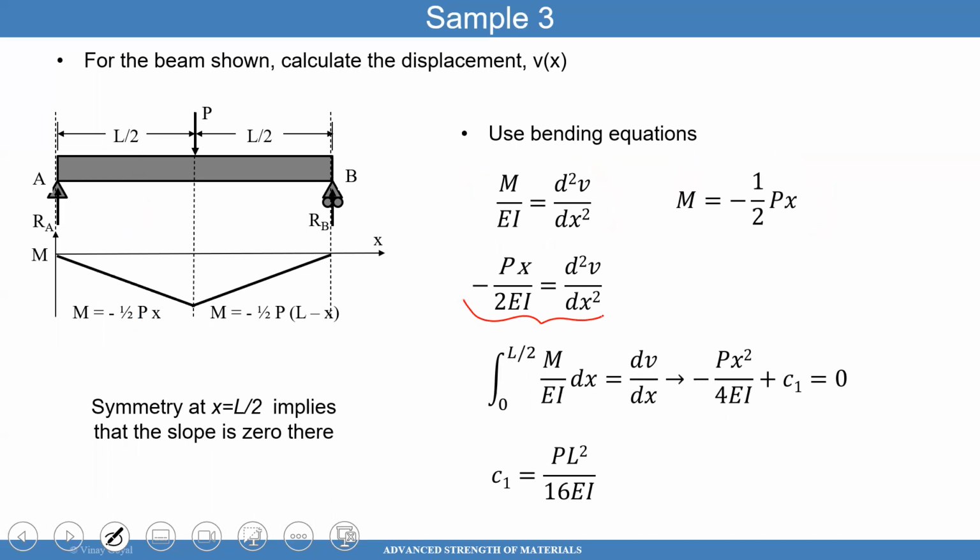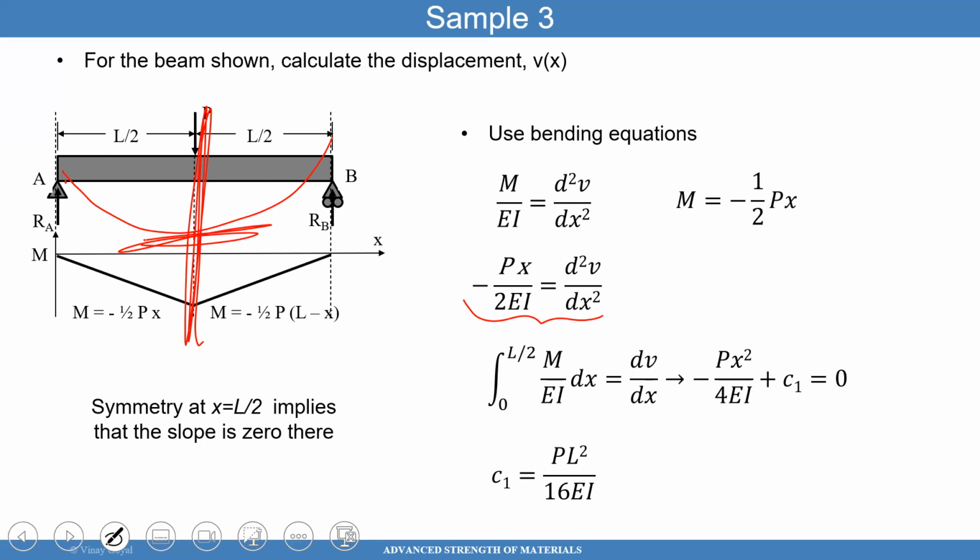I integrated once. And what you notice here is that at this very spot in the middle, I get something interesting. At the very middle of this beam, the slope has to be 0. Because when the beam deforms, because it's symmetric, you expect the slope there to be 0.